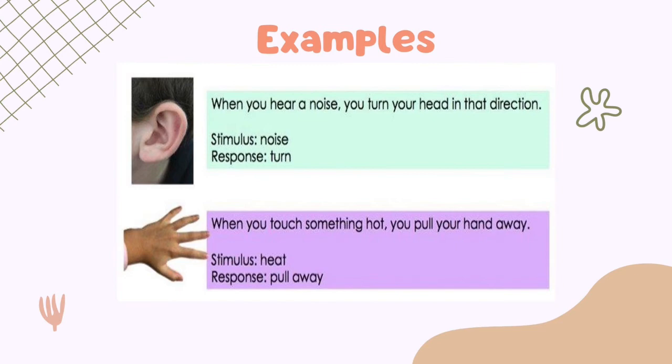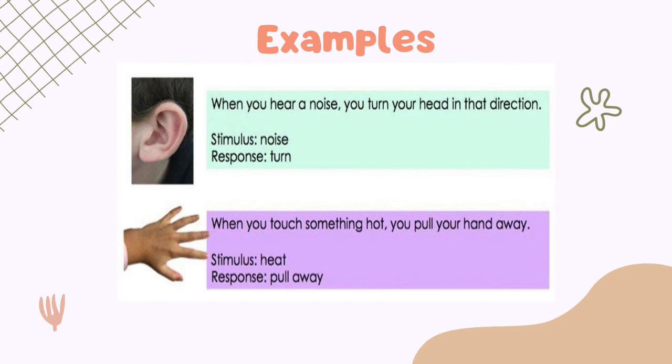Other examples of stimuli and their responses: if you're hungry, you eat some food. The stimulus is being hungry, and the response is eating some food. Another example: if you are cold, you put on a jacket.